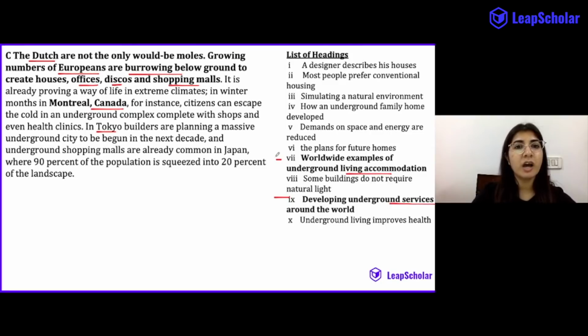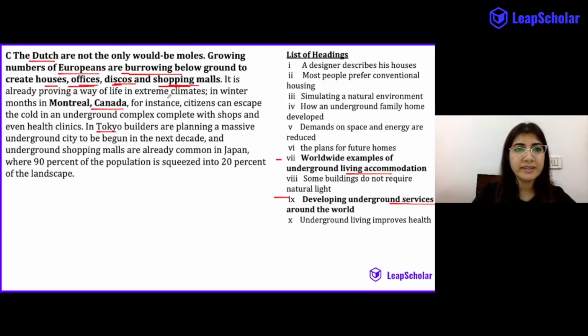So the Dutch are not the only would-be moles. So it doesn't actually describe whether they are developing underground houses, offices, or what exactly. It just says that they are not the only ones. Growing numbers of Europeans are burrowing, or developing, below ground to create houses, offices, discos, and shopping malls.